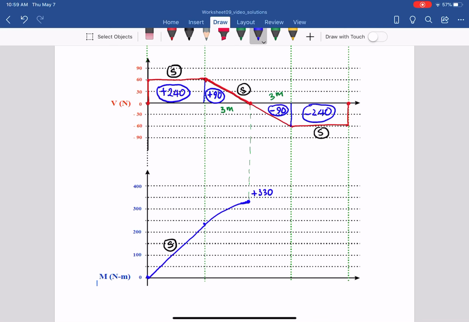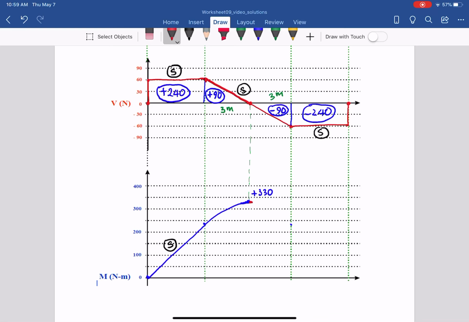Why is it not the other way? Go back to the examples that we showed in example 2 and example 4 in the lesson note. And now for the second half, you have negative 90, so of course it's symmetrical, it has to be. The shear starts from 0 in the middle and goes down to negative 60.